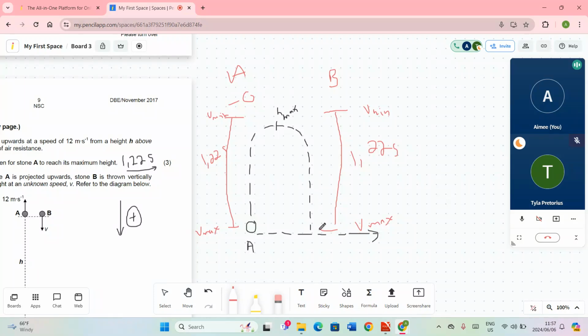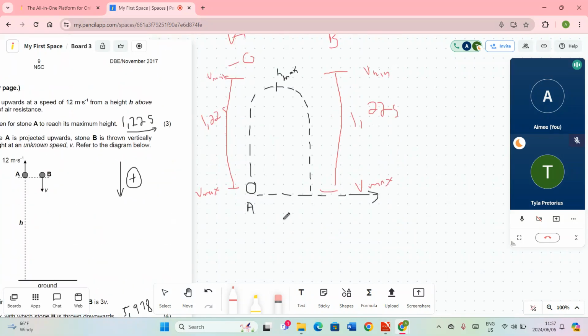And so if they ask you, what is the total time taken for this ball to complete its entire journey from its starting position to its finish, all you have to do is calculate how much time did it take for it to reach its maximum height, and then you double it. Because whatever it took to reach this height on that side is going to be the same amount of time it takes to move from here to here on the other side.